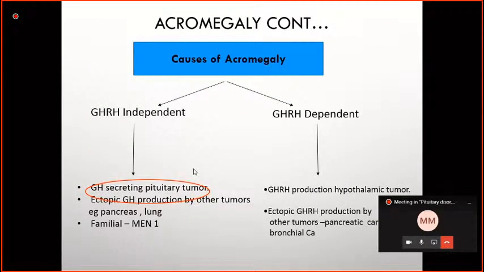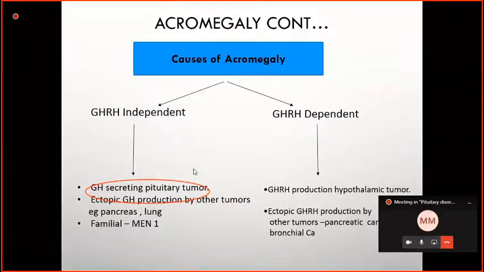So the causes of acromegaly can be divided into GHRH independent or GHRH dependent. The most common is a growth hormone secreting pituitary tumor.